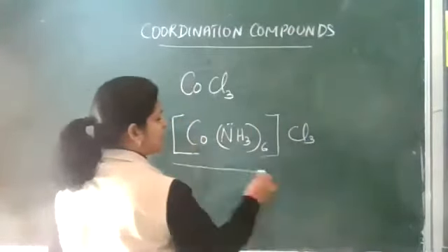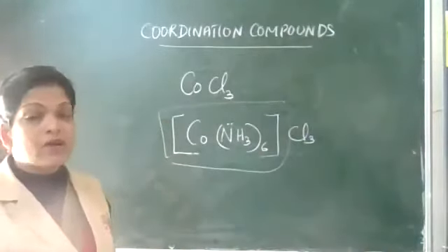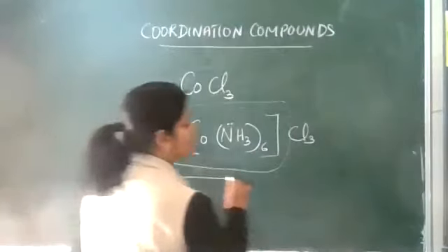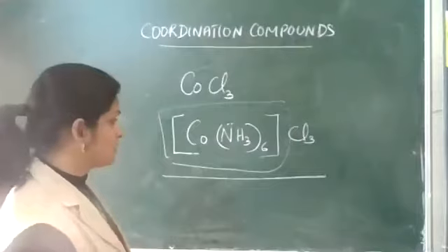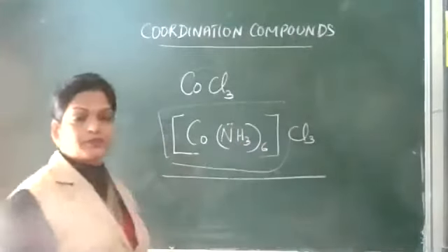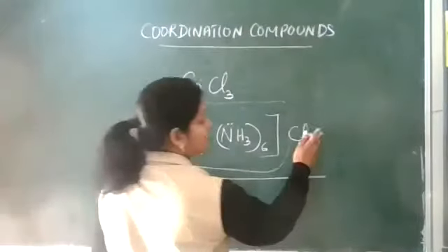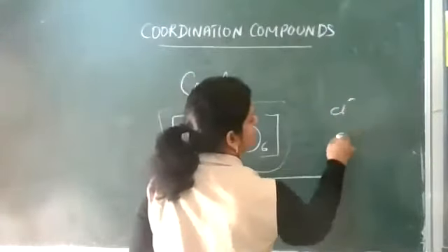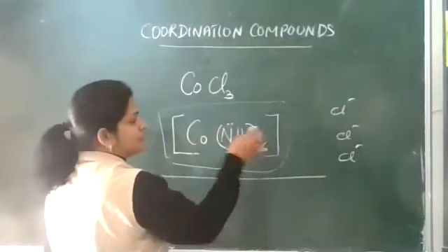So what do you see here? This is a coordination complex. This is a coordination compound. When you put this in water, you will get Cl minus, Cl minus, Cl minus. But the rest will not be separated in water.